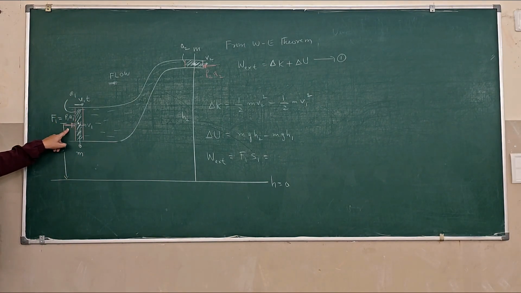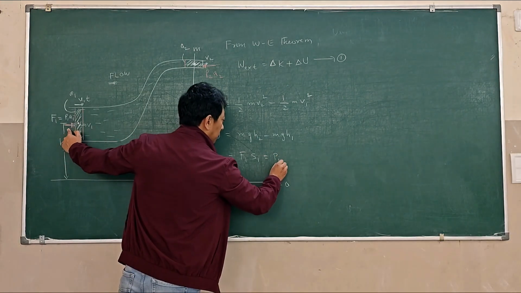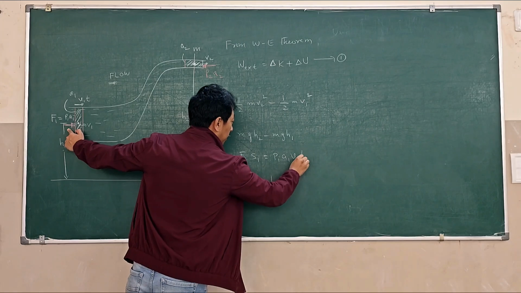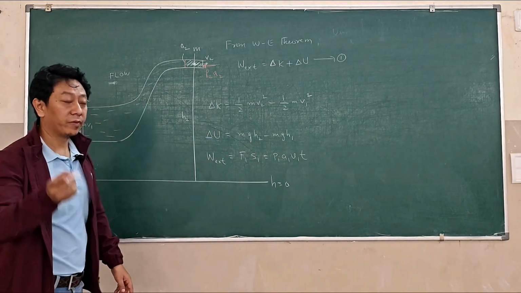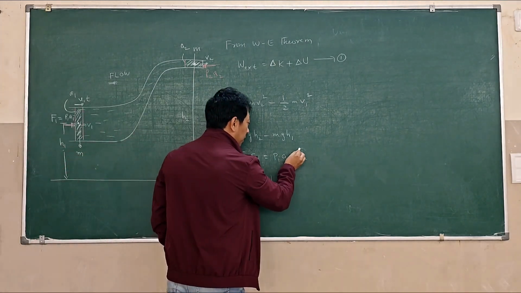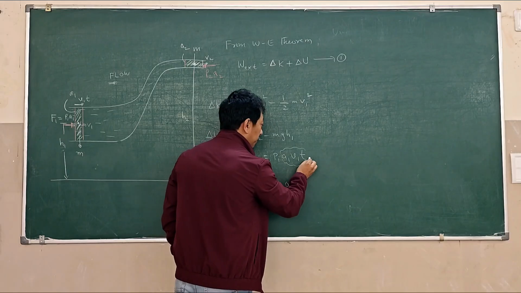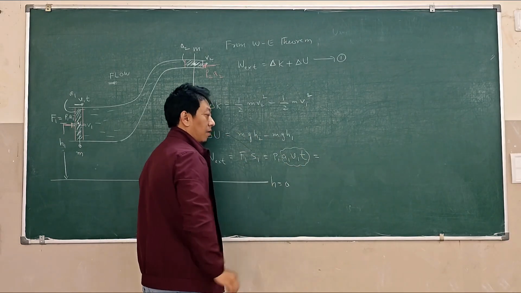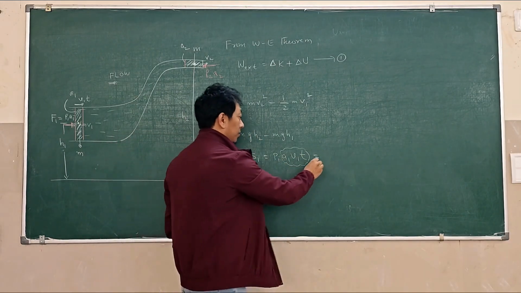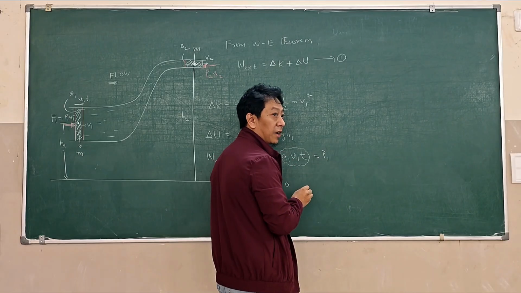What is the force here? P1 into A1. What is the displacement? V1 into t. Now think carefully, who was this in the equation of continuity? Volume. Volume that came inside.